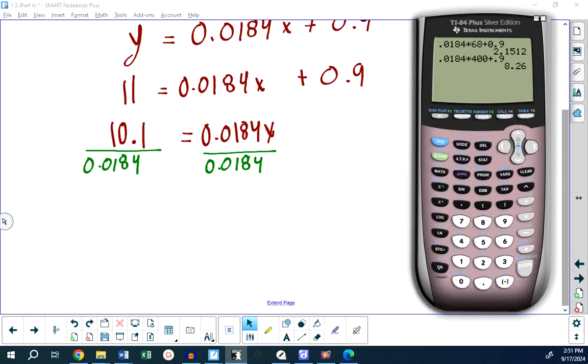So I want to know what we're going to get with the other equations. What do we have? 10.1 divided by 0.0184, 500. You know what I almost said when I looked at that number? 550. Because it's not a precise science here. I'm going to say about 550 bearings were produced.